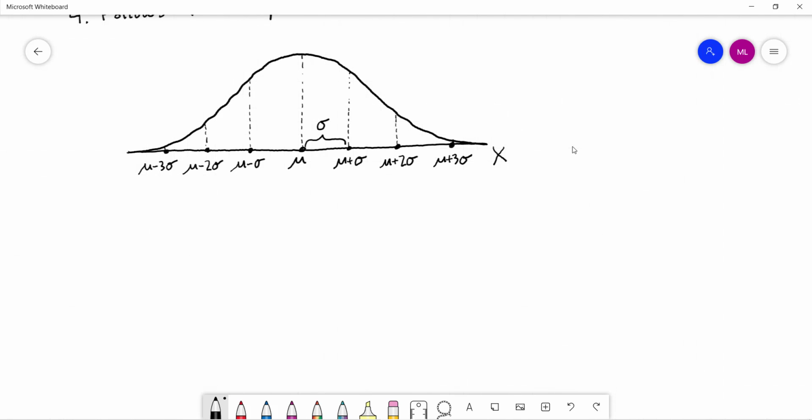But if we convert everything to z-scores, this is what will make this a standard normal distribution. So this has units of whatever the random variable represents.